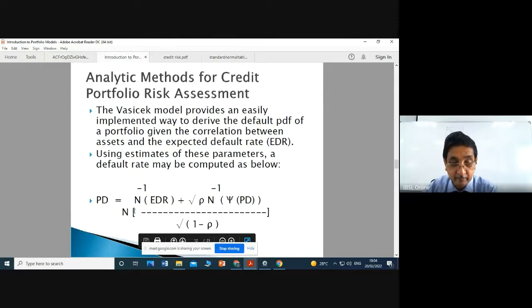Then you have N of N minus 1 EDR, where EDR is the expected default rate, plus square root of rho, that is the correlation, N minus 1 psi PD. Now psi PD has nothing to do with this PD. It is the cumulative probability function of default, right? Then it is to be divided by square root of 1 minus rho.